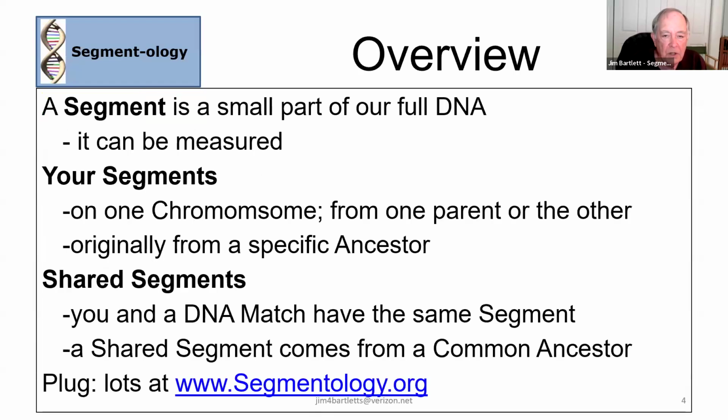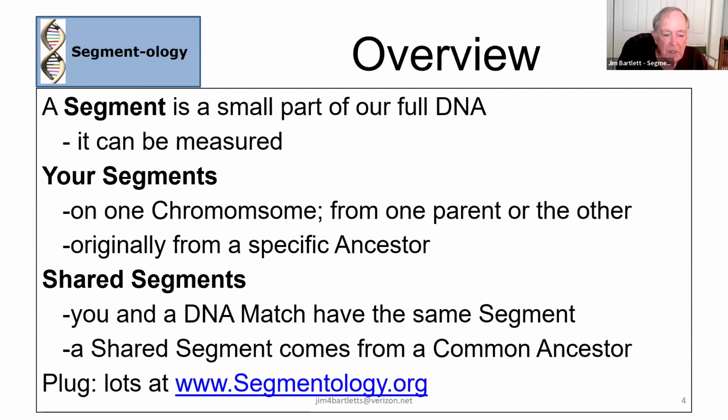Okay, so a segment is a small part of our full DNA, and it can be measured. Your segments are on one chromosome that you get from one parent or the other parent. And it was originally formed in a specific ancestor back up your tree somewhere and passed down to you through one of your 2 parents.